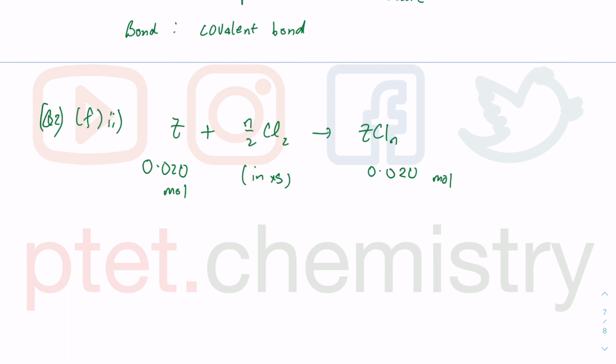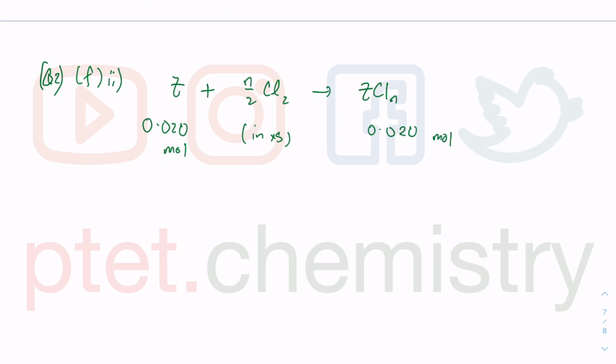I think that was what it says. Yep. So this is the liquid chloride, which is also 0.020 mole. What can I see here? When I add excess AgNO3, Z giving me ZClN, and then they will give me AgCl.